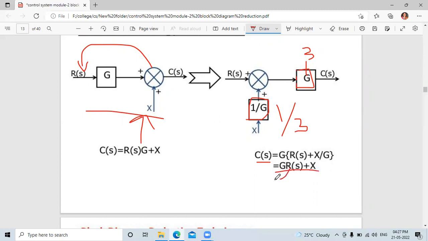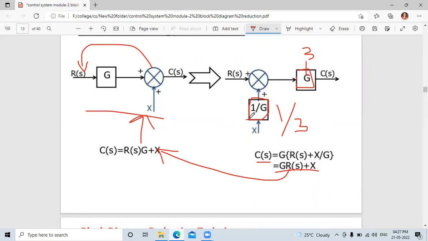This equation and this equation both are similar. So whenever you shift the summing point behind or before the block, you need to get the same equation. That is why you need to multiply.